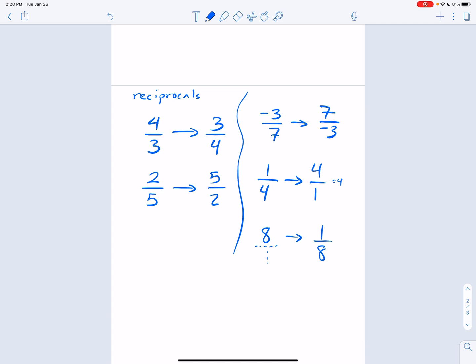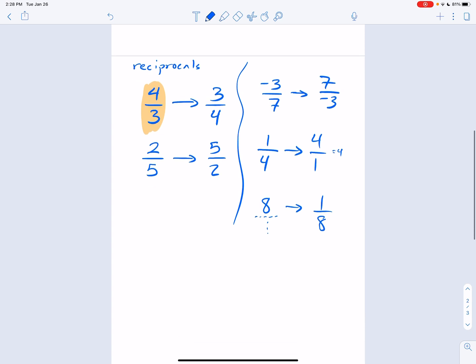What I want you guys to notice here is that when you take the reciprocal, don't use the word opposite. What's the difference between reciprocal and opposite? I'll show you right here. Opposite, here are some examples. The opposite of 4/3 is negative 4/3.